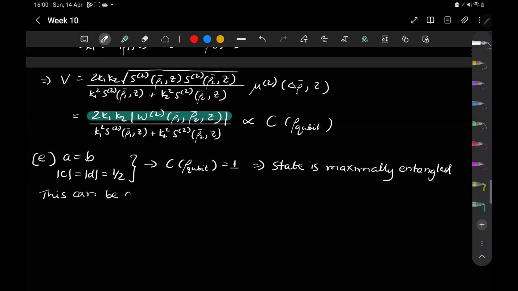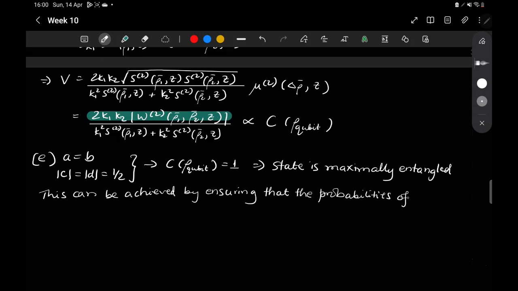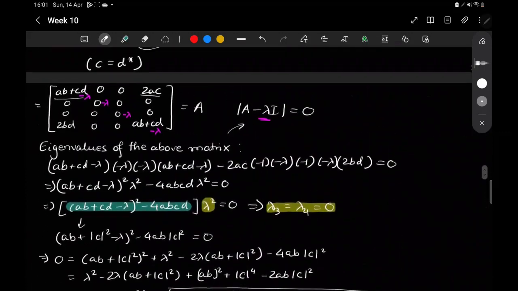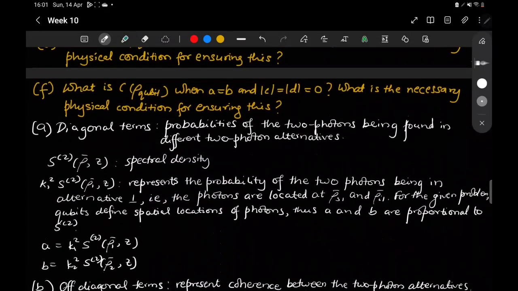And then how do we achieve this? So A equals B. A and B are what we saw here.